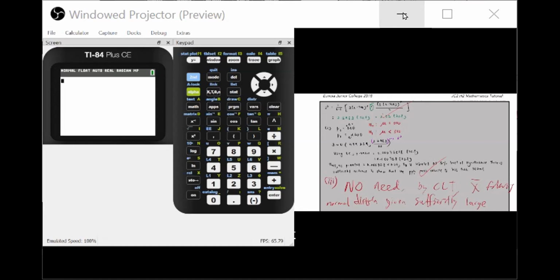Then what test are we doing? We're doing a left tail test, so we select the left tail, less than mu naught. Then calculate. Z is negative 3.17.